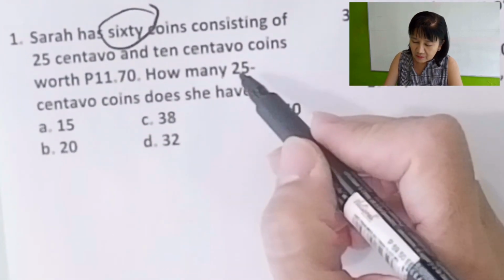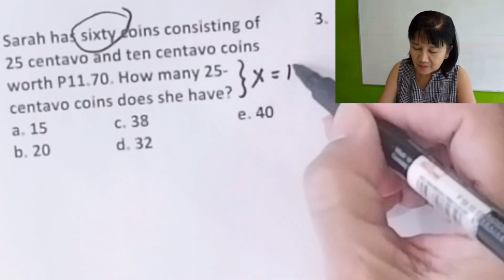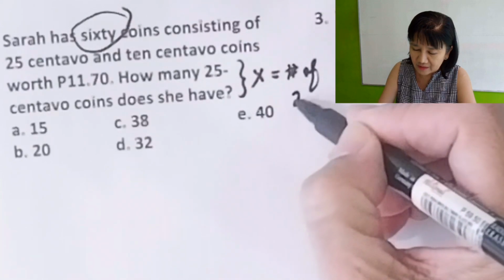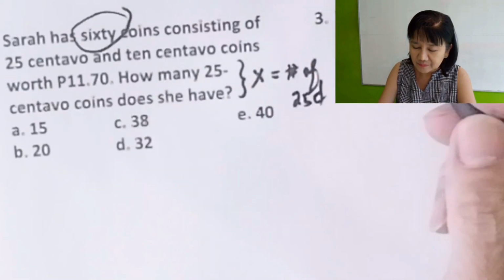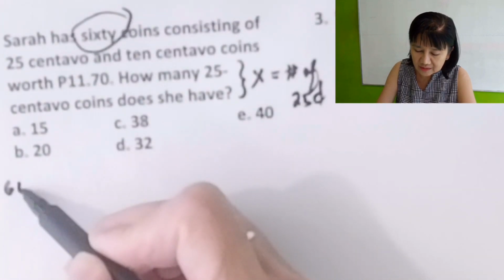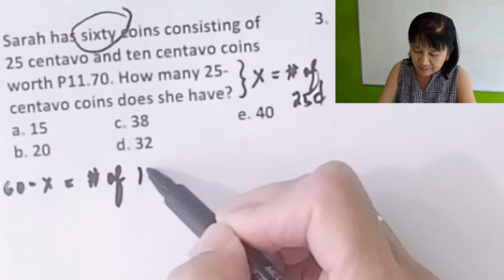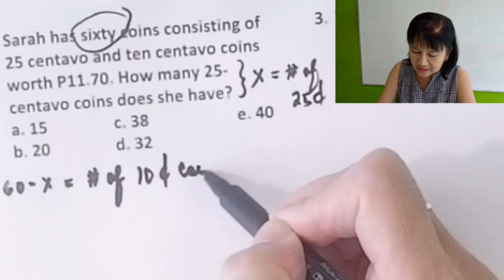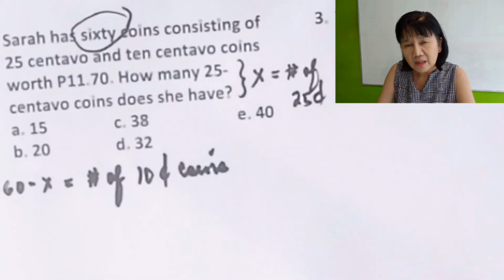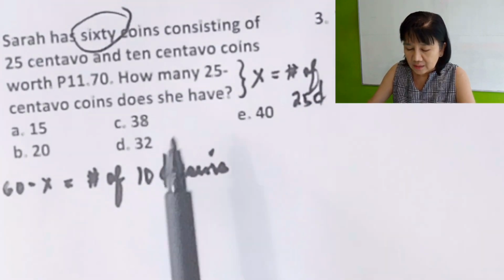Now we can let X be the number of 25 centavo coins. Since you have a total of 60 coins, you can let 60 minus X be the number of 10 centavo coins.